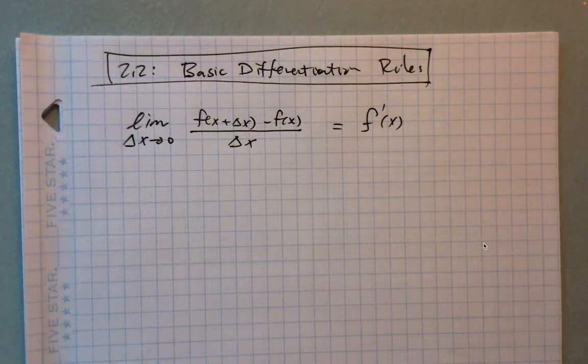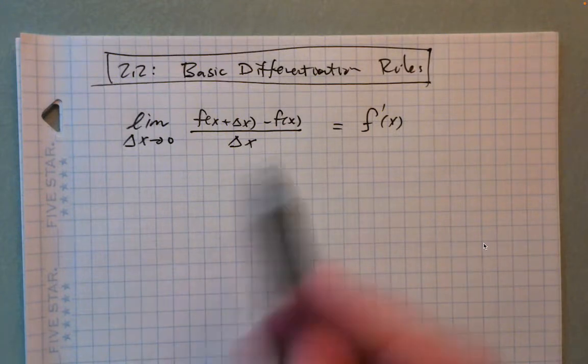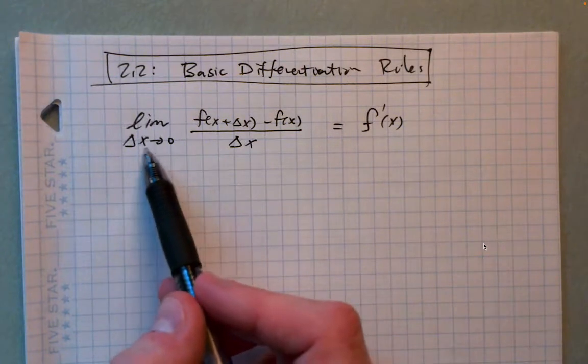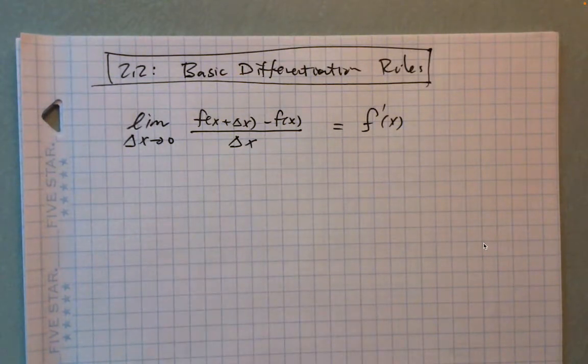So given an f of x, you can plug in x plus delta x and calculate the difference, and then ratio that by the change in x, that delta x feature, and then look at that ratio, this difference function, as delta x goes to 0. And the result would be the derivative function. So in this section, we're going to pivot off of that, and we're going to focus in on some of the rules that can be used to identify derivatives now that we've been through this exercise a few times.